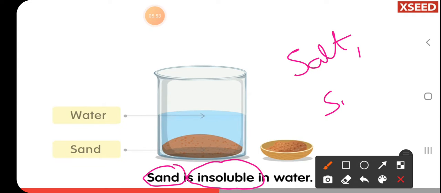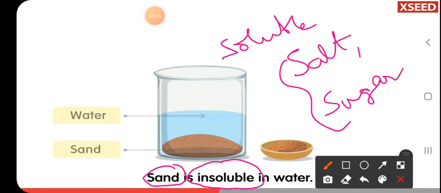When you observe these, these two dissolve completely, evenly and thoroughly in the water. Substances which get dissolved in a solvent are called soluble substances. Those which do not get dissolved in the water or any solvent, we call insoluble substances.